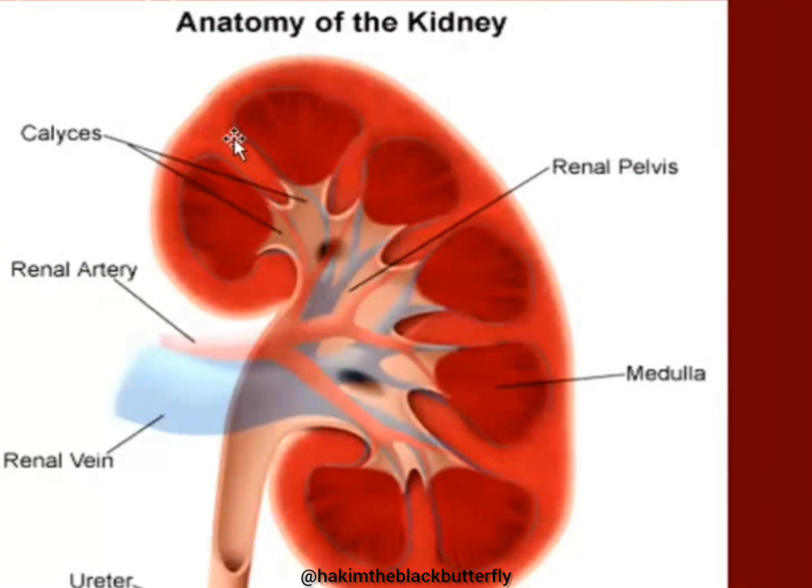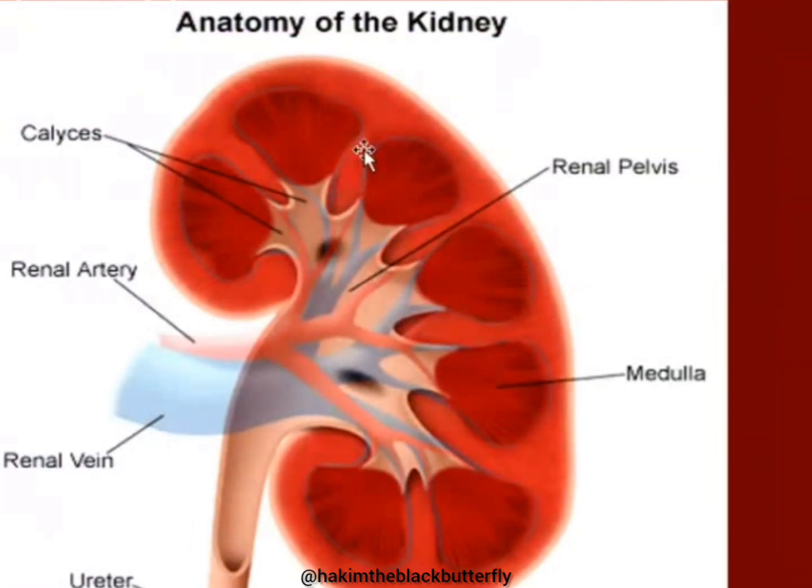However, you see the cortex sends columns deep into the medulla to divide the medulla into, what are these members? The medulla is divided into what? Pyramids. Medullary pyramids. The apices of the medullary pyramids are facing towards the hilum, and the bases are facing towards the cortex. So the cortex sends columns deep into the medulla to split it into what we call medullary pyramids.